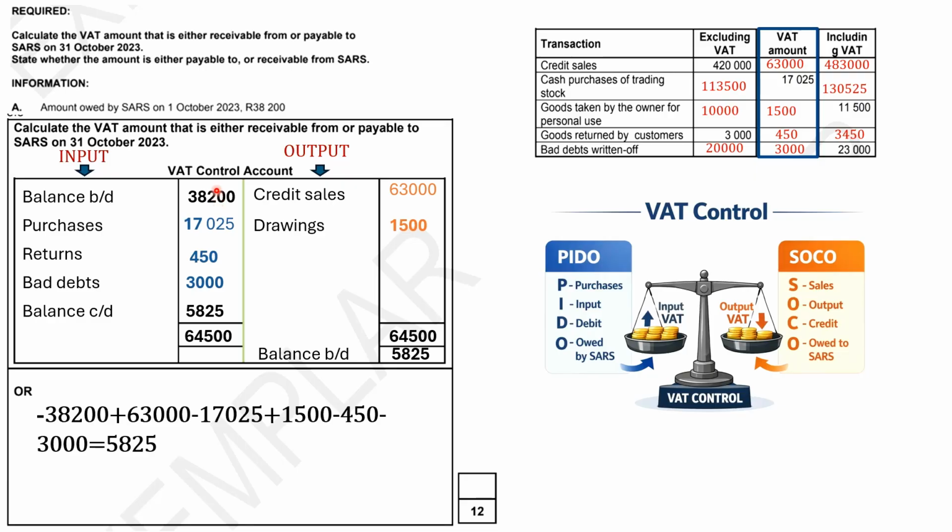All of these transactions on this side you minus, and all of these ones you add. Then you would get 525. But do not forget to conclude because there is a mark for concluding. So once you're done calculating, you say payable to SARS, and then you get your full 12 marks.